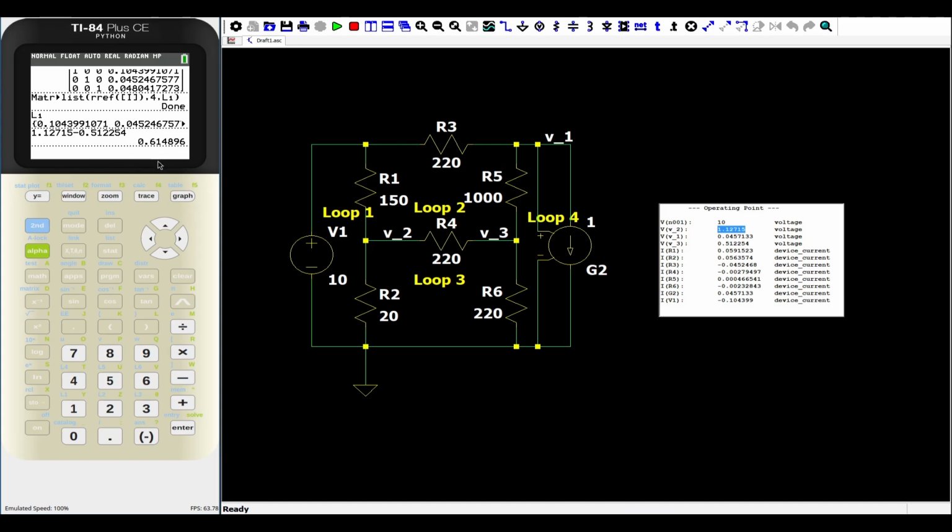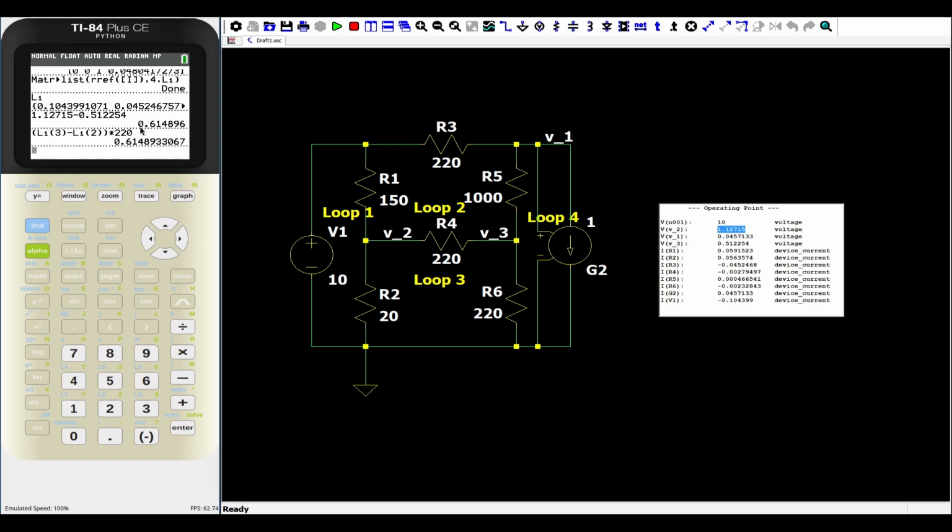Let's go ahead and verify our math using this new list that we have extracted, this column. Just as a reminder, we're considering loop 3 to be positive minus loop 2. So let's type that in: loop 3 minus loop 2, and we're going to take all of this and multiply it by, that's right, 220.